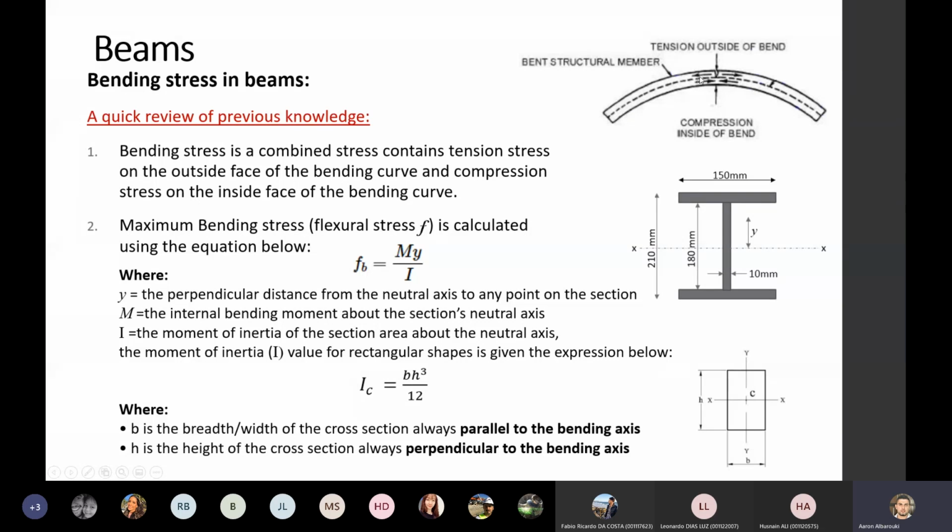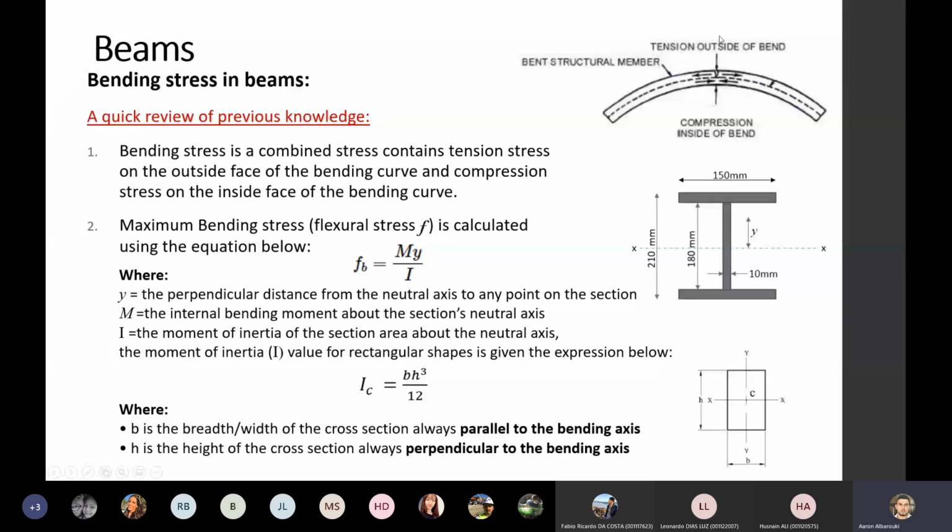I wouldn't want to say the half. It depends on the geometry of the section here. But generally speaking, the top part of the beam will be under tension if we have a hugging kind of bending, and compression stresses on the bottom half of that, or the bottom part of the cross section.